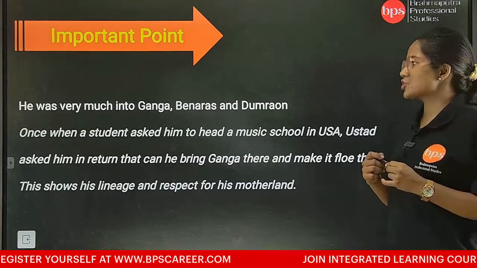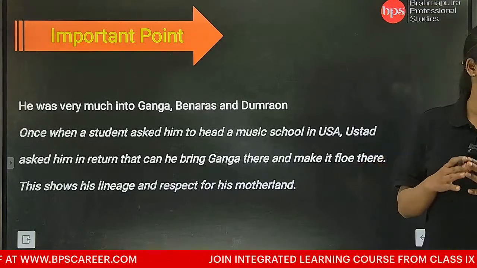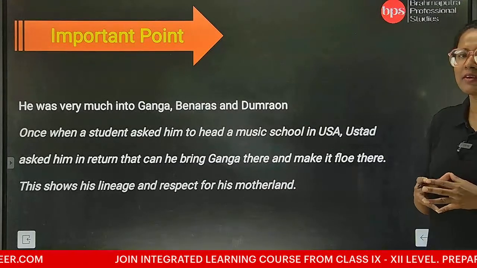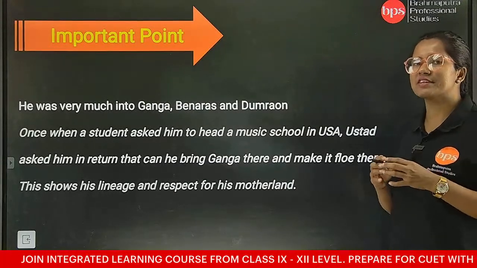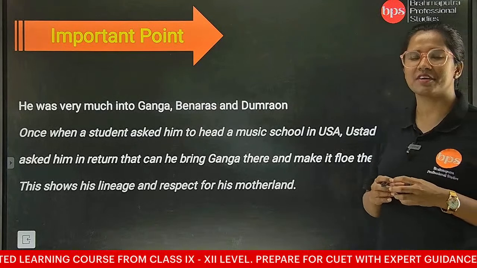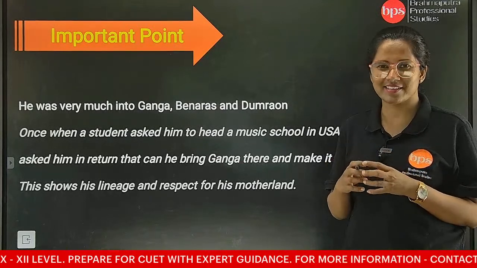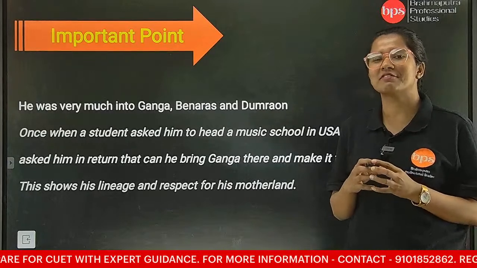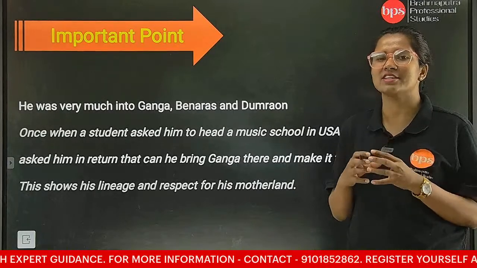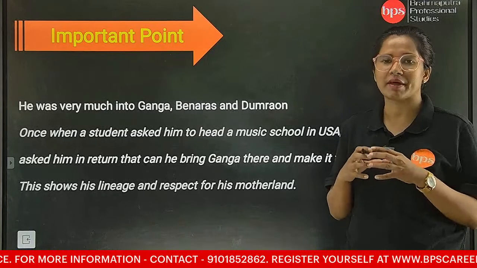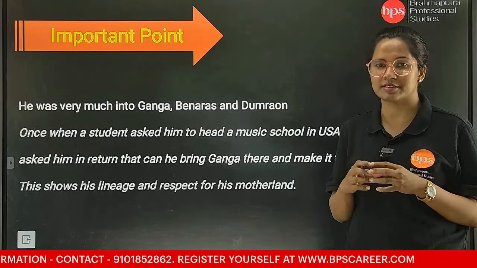Next, he was very much into Ganga, Banaras, and Dumraon. Why? Because he was a very down to earth person, and we can say homesick in a different term, but he was always aligned to his home, to his motherland, to his original land.